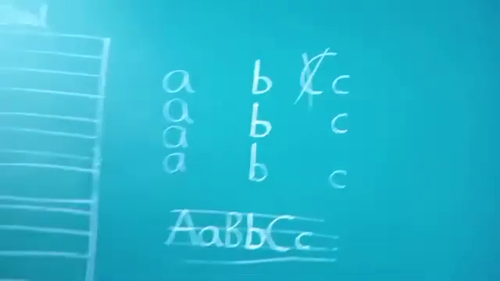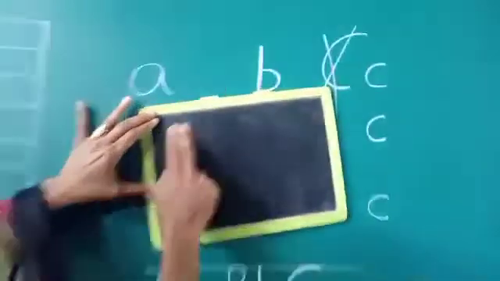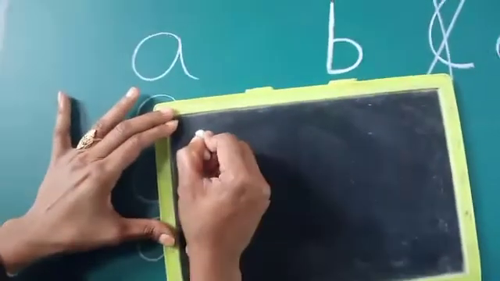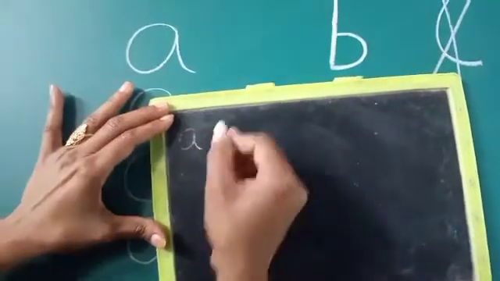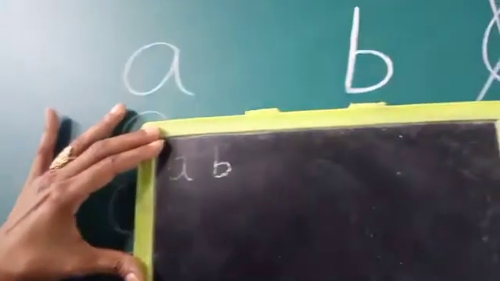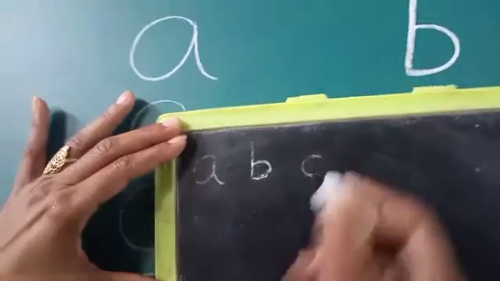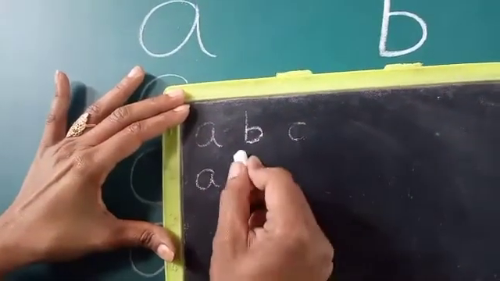Okay. Small letters. Already capital letters completed, no? Then small letters. How to write on the slate? See here. Small a. Small b. Small c. Small a. Small b.